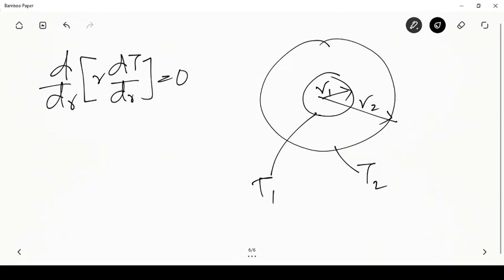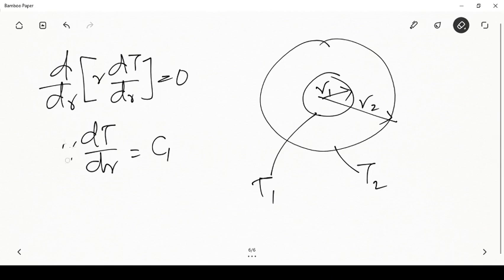So now if I integrate this the first time, you get r dt by dr is C1, or dt by dr equal to C1 by r.